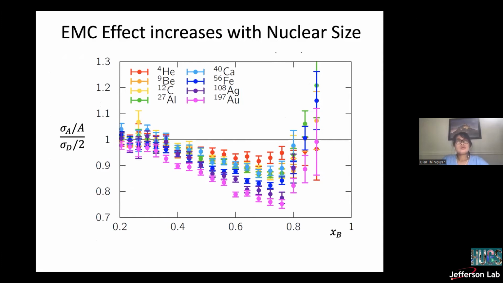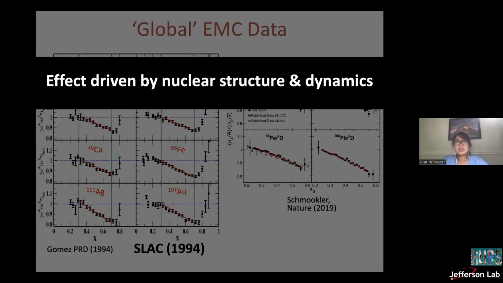So what causes the EMC effect? We have no commonly accepted agreement at this point among theory and experiment. It is almost a 40-year question. Now we know that the EMC effect is driven by nuclear structure and dynamics, but what exactly causes it, we don't have common agreement at this point.